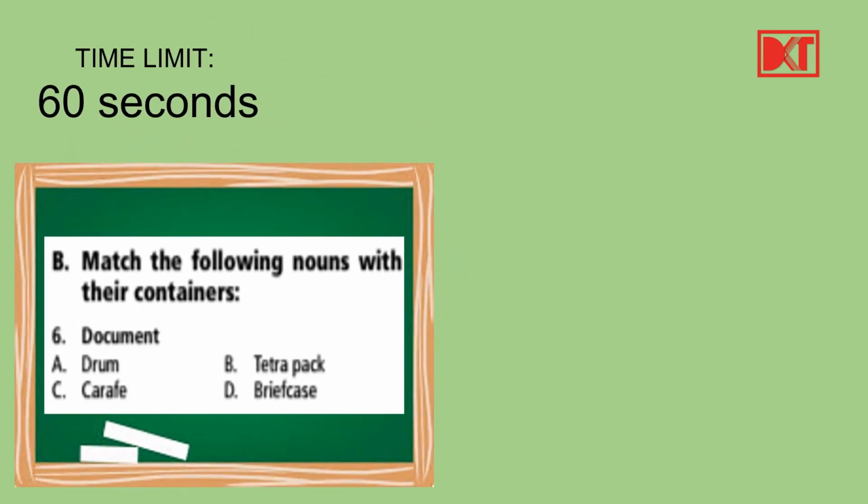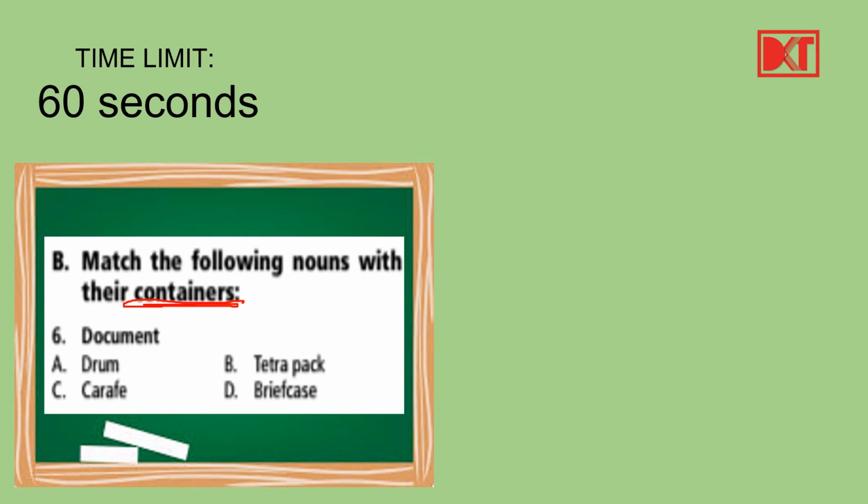Okay, so here what do we have to do? We have to match the following nouns with their containers. With their containers in the sense, let's see an example. Now document. Document options are drum, Tetra Pak, C carafe or D briefcase. Now where a document is kept, the container of documents, which means the place for keeping the documents, what is it usually called?